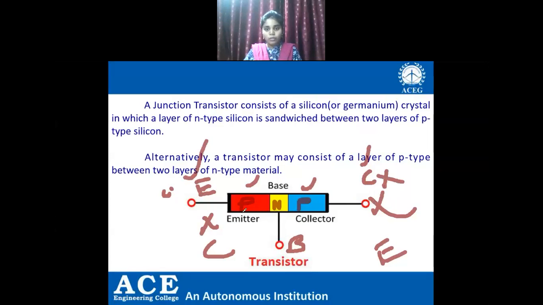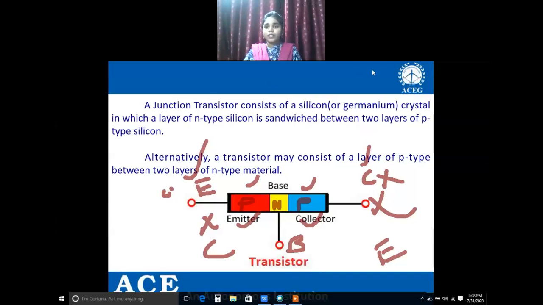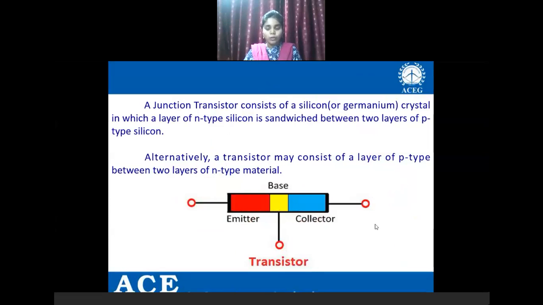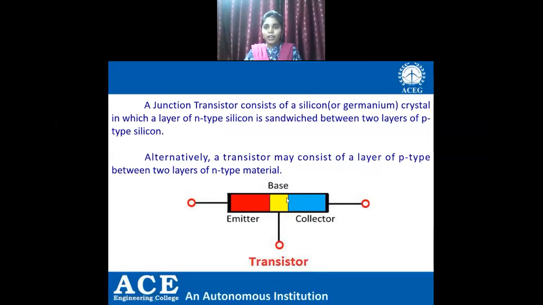Though they are made of the same material, I should not connect them interchangeably. Why? Because though they are the same, their physical and electrical properties are different. That is why I cannot interchange the emitter and collector terminals. Clear? So far? Let us move on.